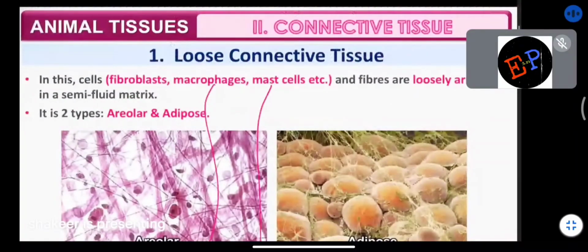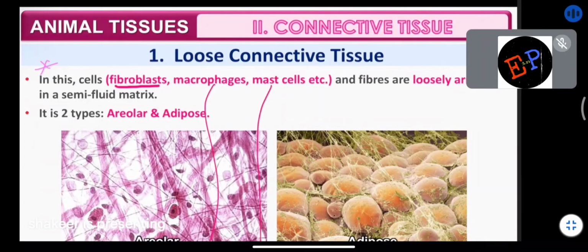So loose connective tissues. In these, you will have fibroblast. This is a very important concept, what you find in these loose connective tissues. You will find fibroblast. And what is the purpose of fibroblast? Already we have studied, no? They are responsible for producing collagen and elastin, and they give strength and flexibility to the tissues.